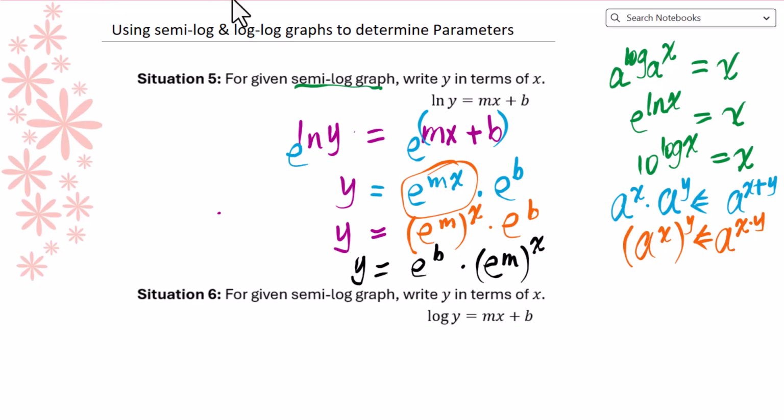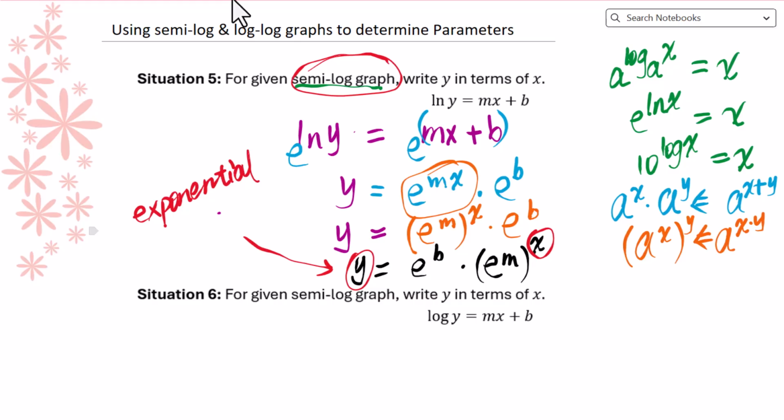You could say this is an exponential relationship between y and x. So a semi-log graph will result in exponential modeling.